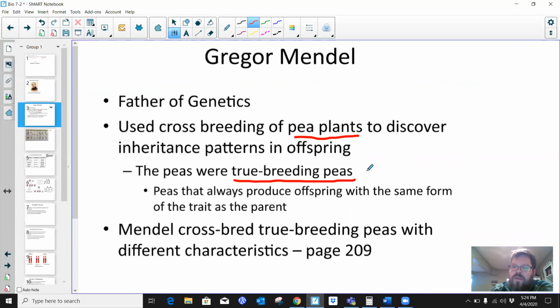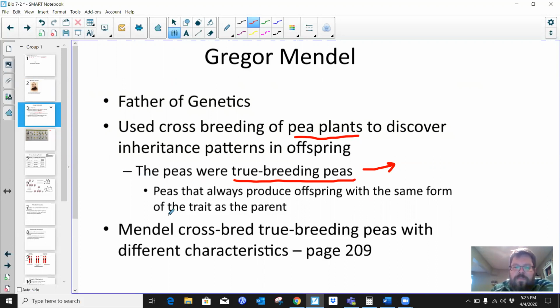True breeding means that they would only have a certain characteristic generation after generation after generation. So he went through the work of really separating these pea plants to only show a certain characteristic, so then he could guarantee that only they could pass on that particular characteristic.